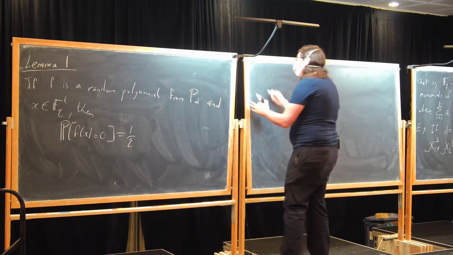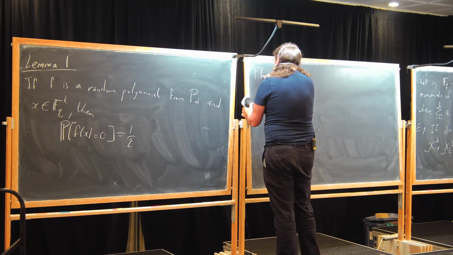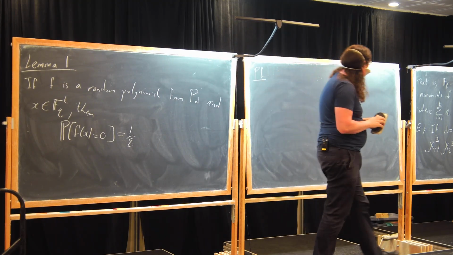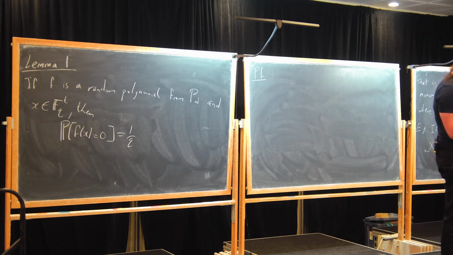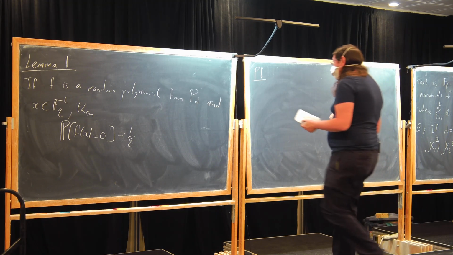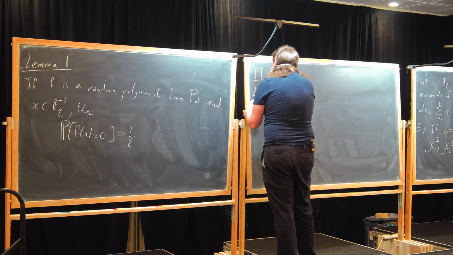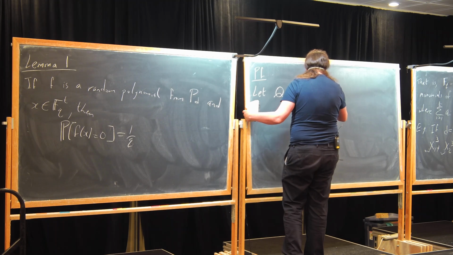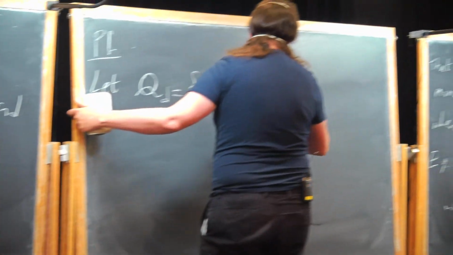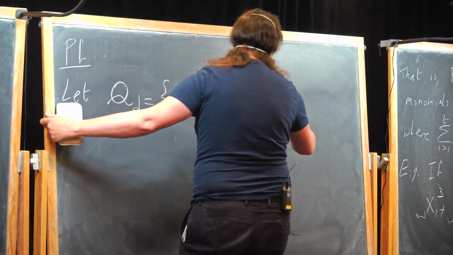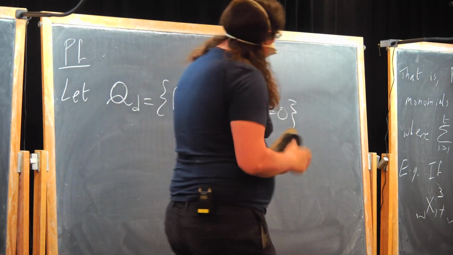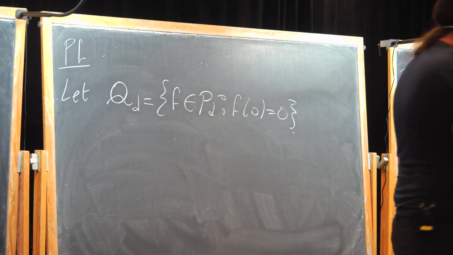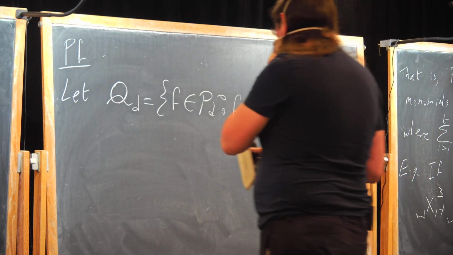For the proof, I'm going to distinguish a particular subfamily of this family of polynomials, just the ones with zero constant terms. So let's let Q_d be the set of f in P_d such that actually f(0) is 0, and that really is just equivalent to the constant term being 0.